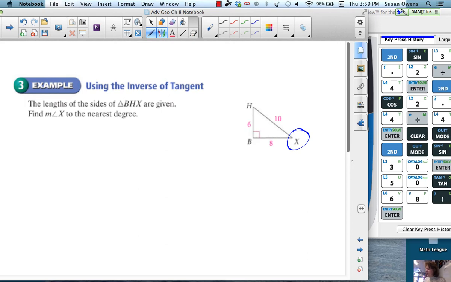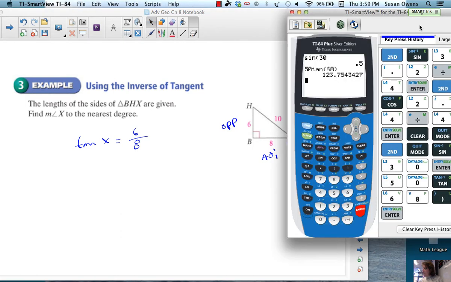But since I only know tangent, I got to use tangent. So this is the opposite side, and this is adjacent. So my trig ratio is going to be tangent of x equals opposite over adjacent. If you want to, you can reduce it, but you don't need to since you're going to be putting it in your calculator.